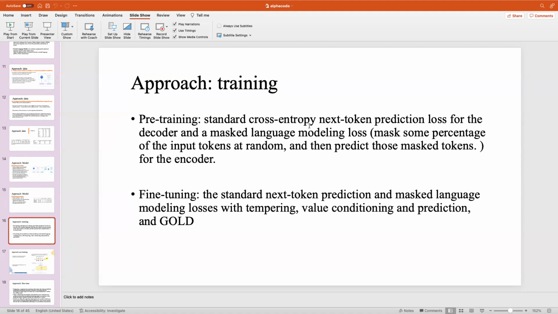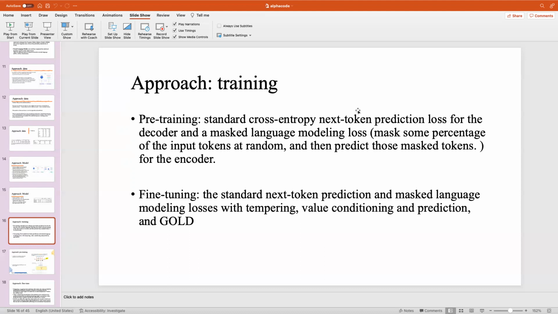There are no labels involved in the pre-training phase, so it's a self-supervised pre-training. The next token loss is a common generation loss, which compares the next token generation probability to the correct probability, computes the cross entropy, and uses it as a loss.